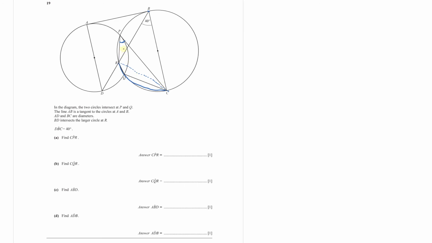When two angles are subtended by the same arc, they are equal. So angle RPC would be equal to angle RBC. So CPR would be equal to 40 degrees. Let me erase this line here so it's a little bit cleaner.